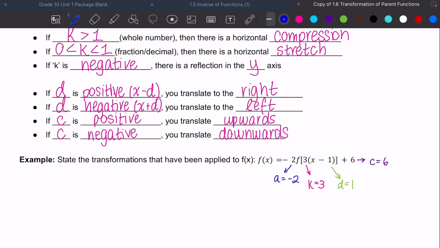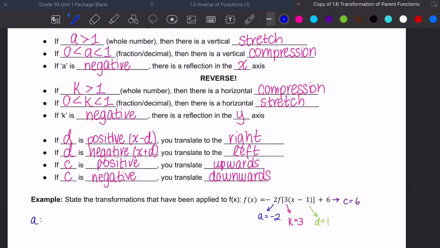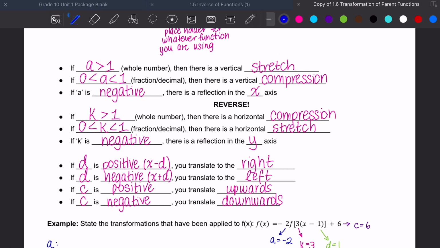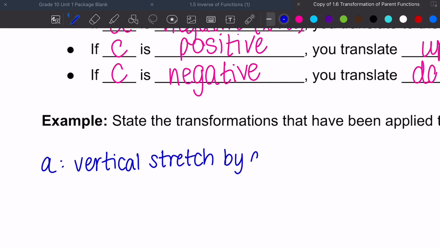So if I look at A, for example, I can see that it's -2. So I think, okay, for A, it is greater than 1. It's a whole number, so that's true. So that's going to be a vertical stretch. So I can write that. Vertical stretch, and then we say by a factor of 2.